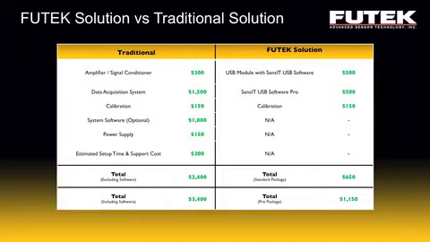Futek's USB solution offers a complete package. So let's compare the traditional solution to the Futek solution. In a traditional solution, you'd have an analog amplifier or signal conditioner in the range of $300 and a data acquisition system up to $1,500, which would also require calibration at $150.